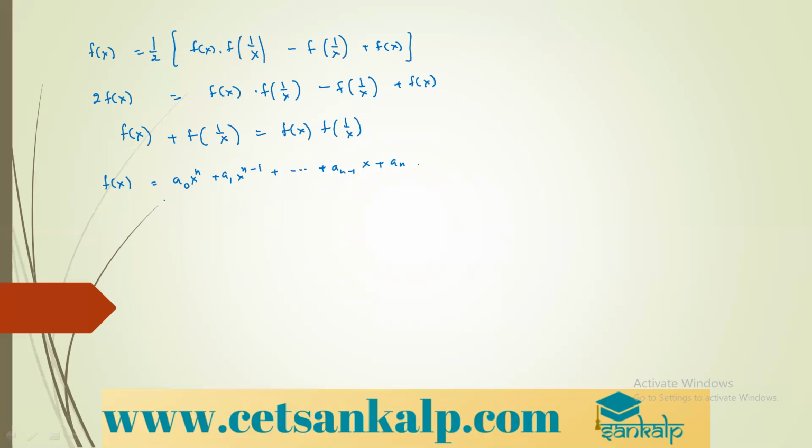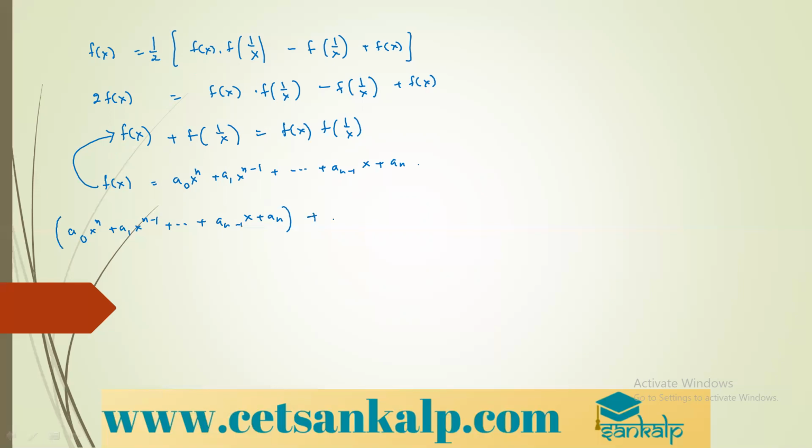So if I put this in this polynomial, what will I have? f of x is a0 x power n plus a1 x power n minus 1, and so on, a n minus 1 x plus a n.